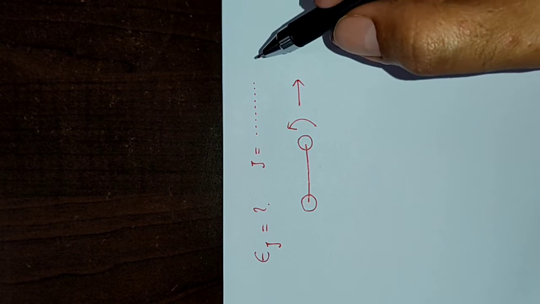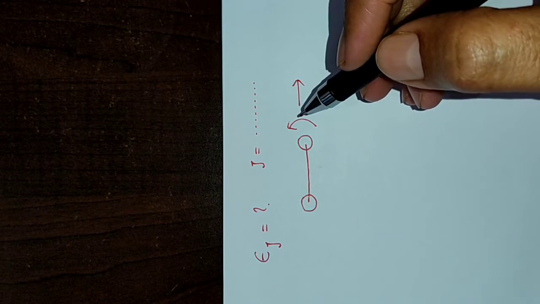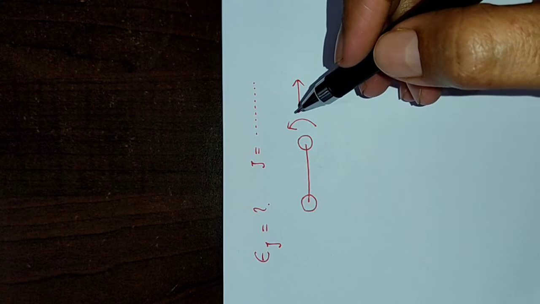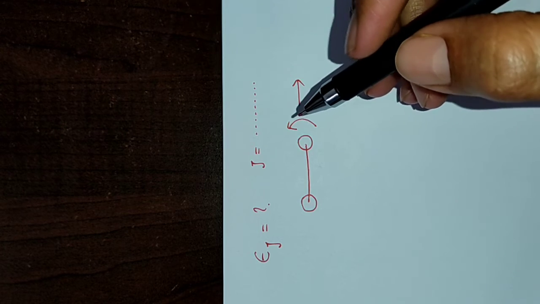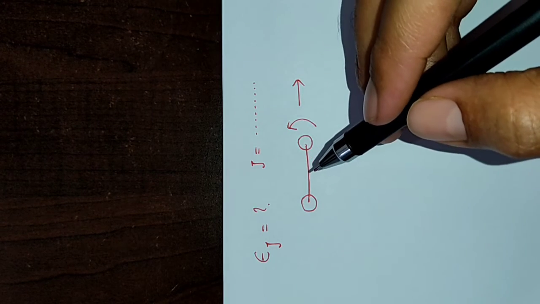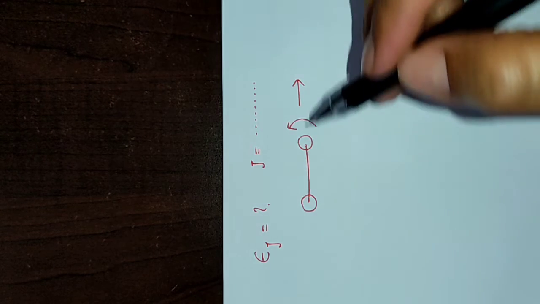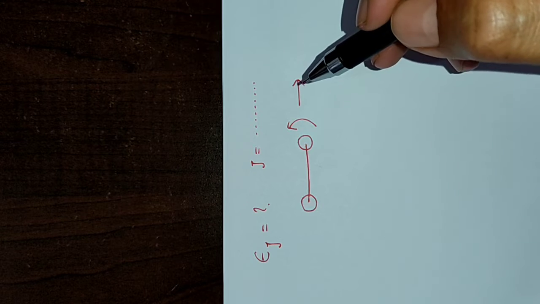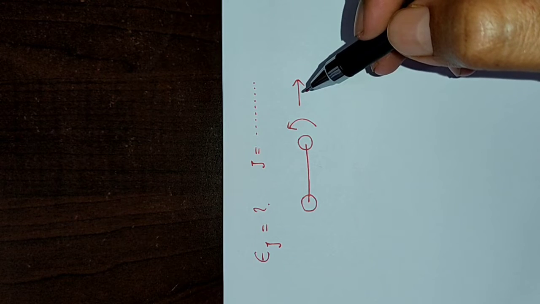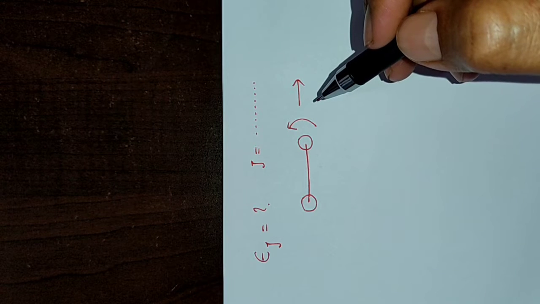For very high value of J, the centrifugal force will be very high, and a point may appear where the centrifugal force is greater than the bond strength. Then what will happen? The atoms will get apart from each other and the diatomic molecule will break apart. So in reality there is restriction.